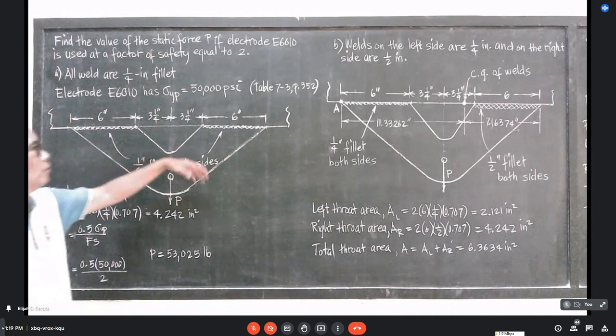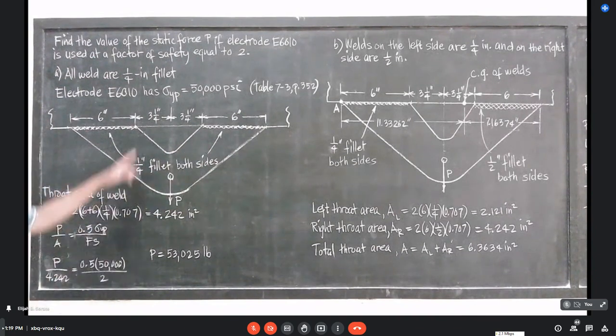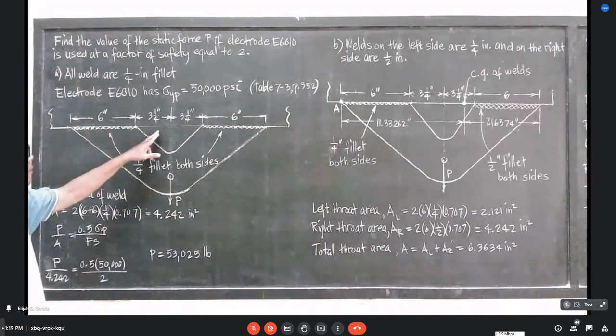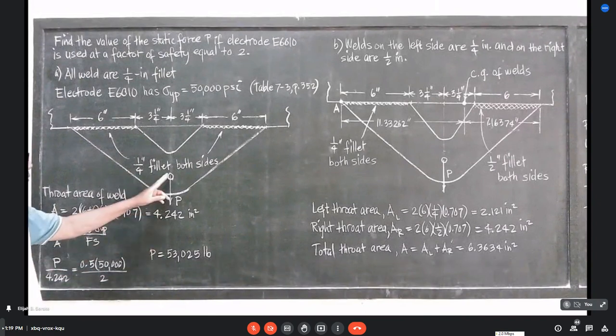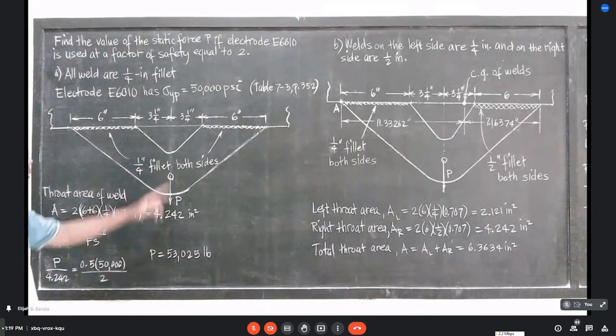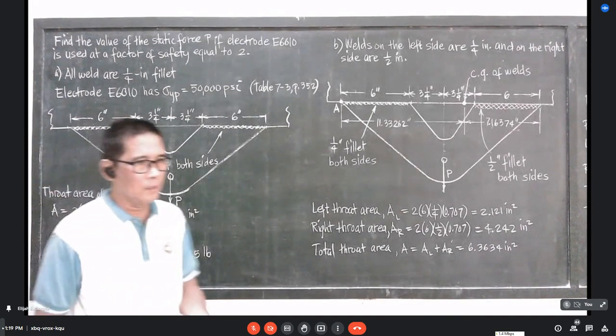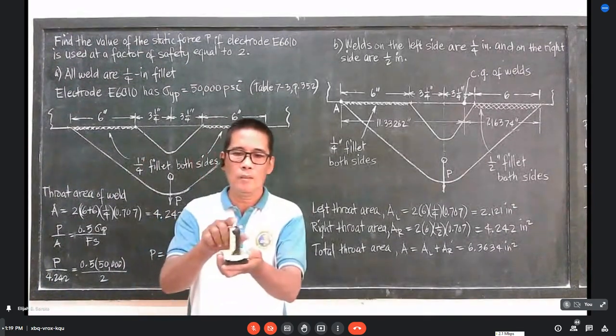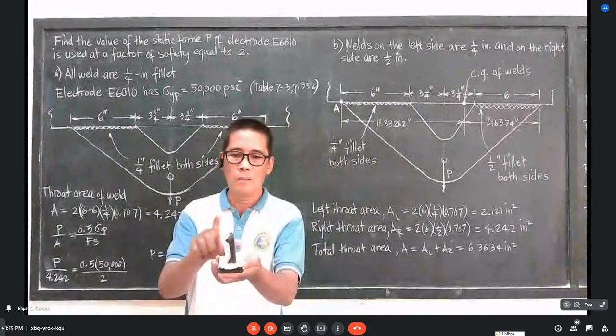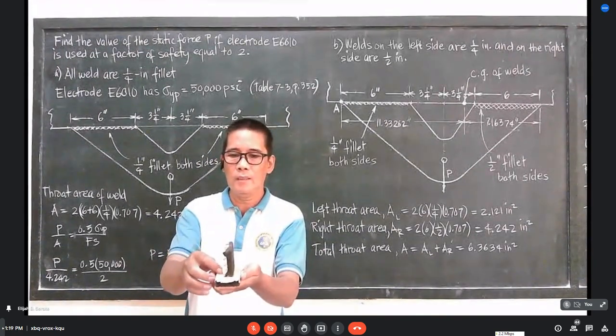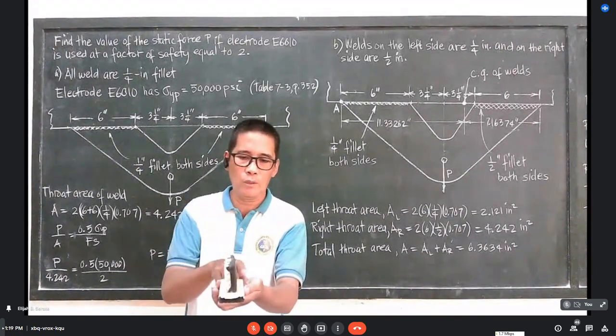And then you have a gap in between, and your load P is on the center. If I illustrate it, it is something like this: this side and this side, also this side and this side.